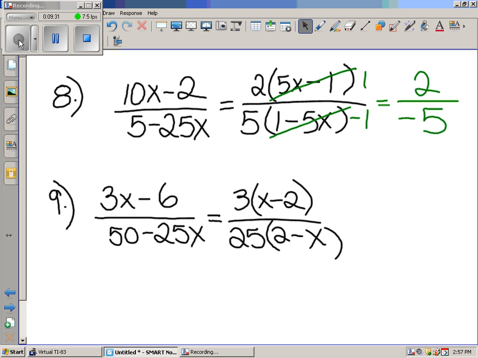And so we just learned, look, we got two things that are exactly switched by subtraction. So what does this and this cancel out to be? And so the answer is 3 over -25.